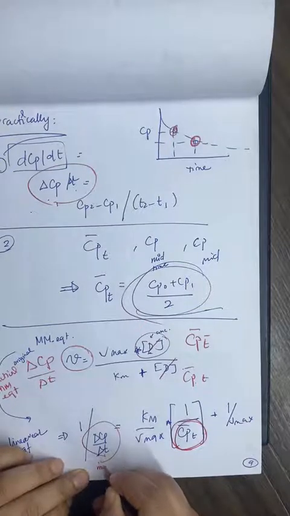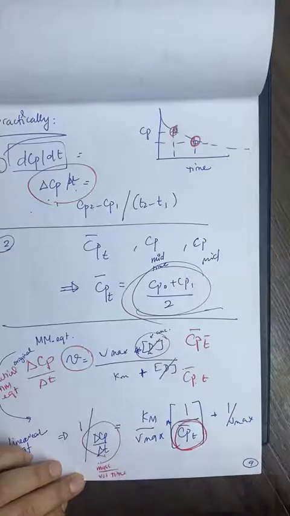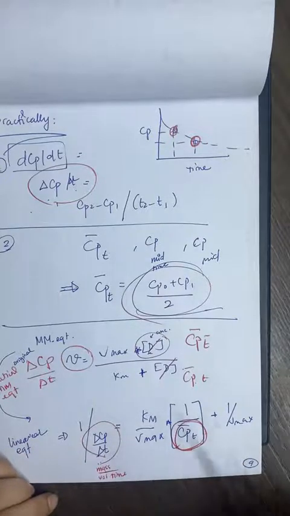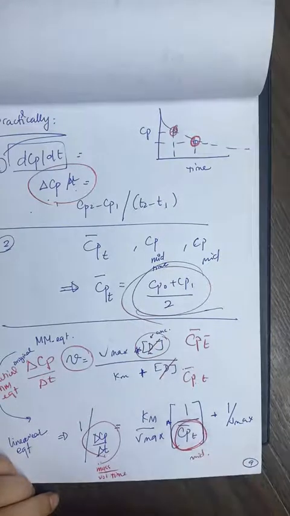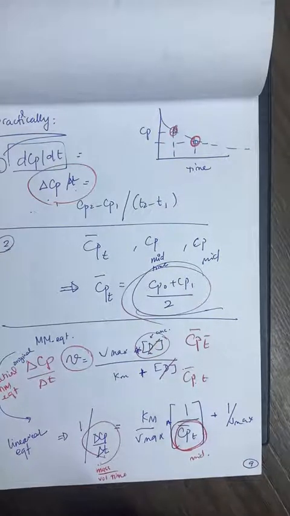It will be mass volume per time, right? So it is the change versus time in terms of concentration, and this will be the mid concentration point.